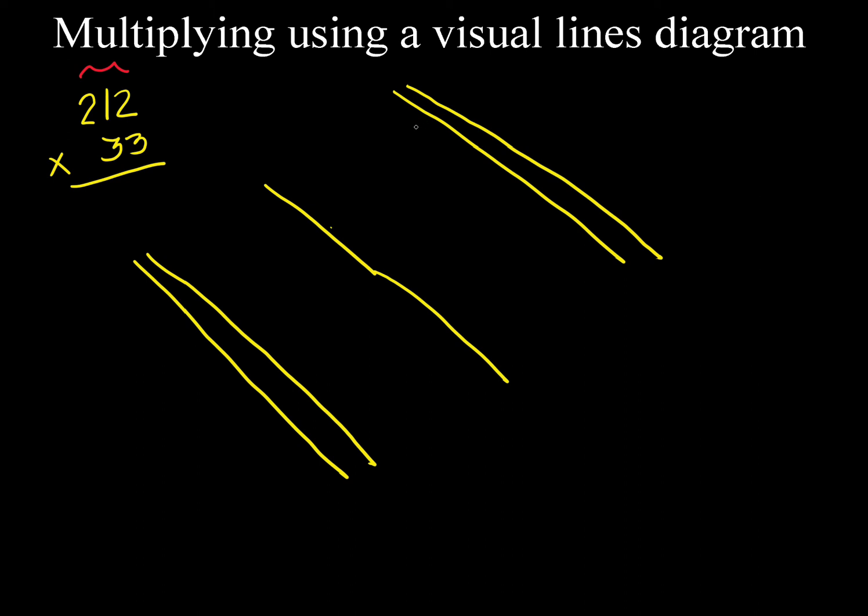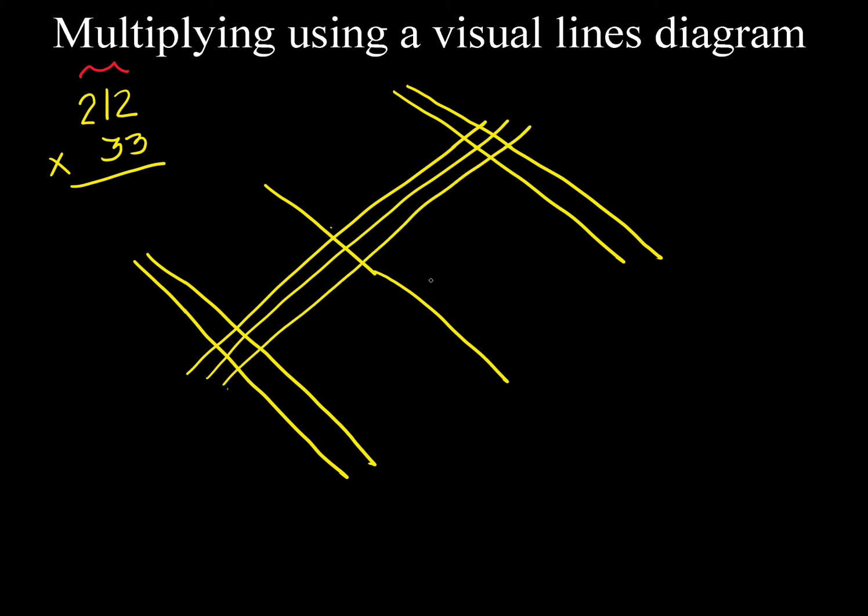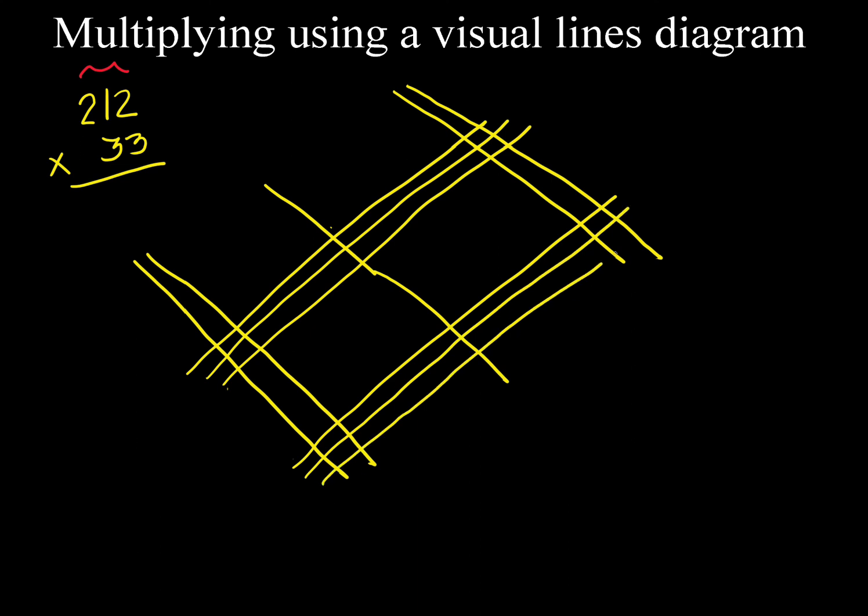Now let's proceed with our 33. So again, that's hundreds, tens, and ones. For the 33, we're going to start right on the middle since we're only on the tens section. So we're going to have a 1, 2, and a 3. Okay, and then for our ones, it's going to be a 1, a 2, and a 3.